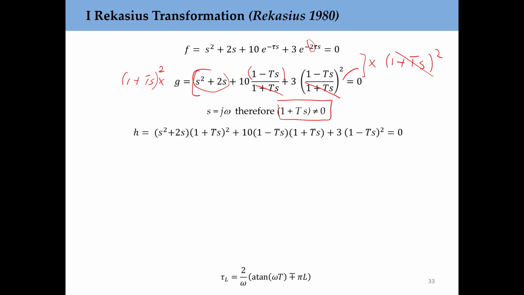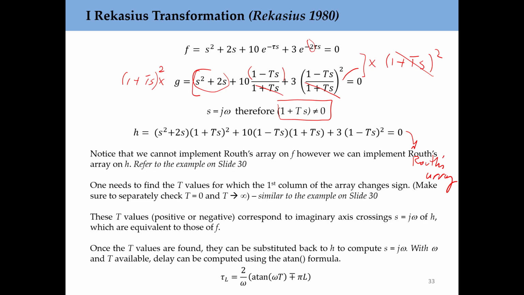Okay, so now our goal is to take this Routh array. Refer to the example on slide 30 that we just covered. And check if there are some t-values for which the first column of the array will change sign. And as I also noted earlier, make sure you check the t equals 0 and infinity cases separately.